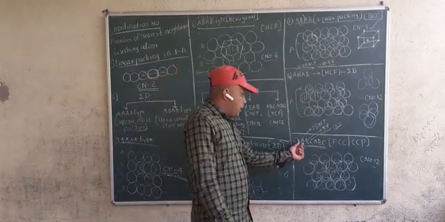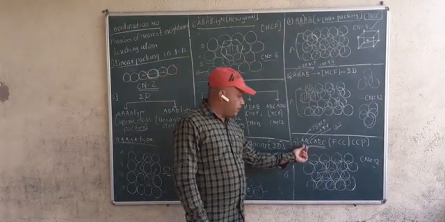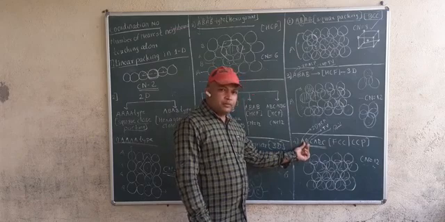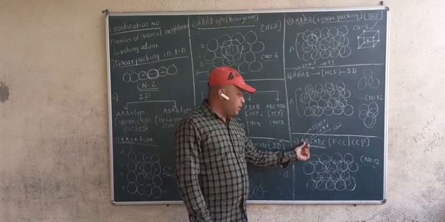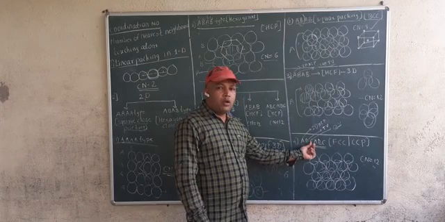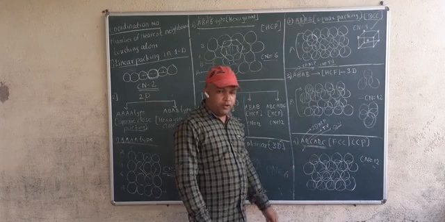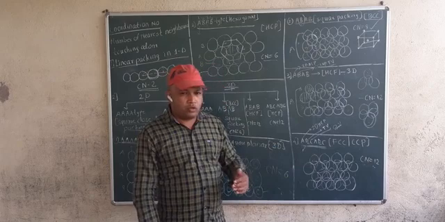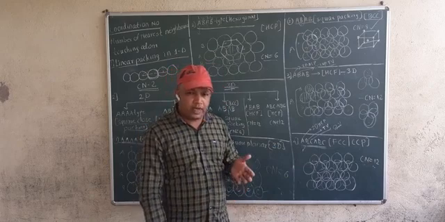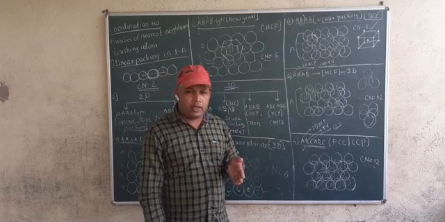So A means 2D hexagonal close packing, B means we'll cover a tetrahedral void, and C means we'll cover an octahedral void. So the first layer should be different than the second layer because we are saying A, B, C. All these three layers are different.